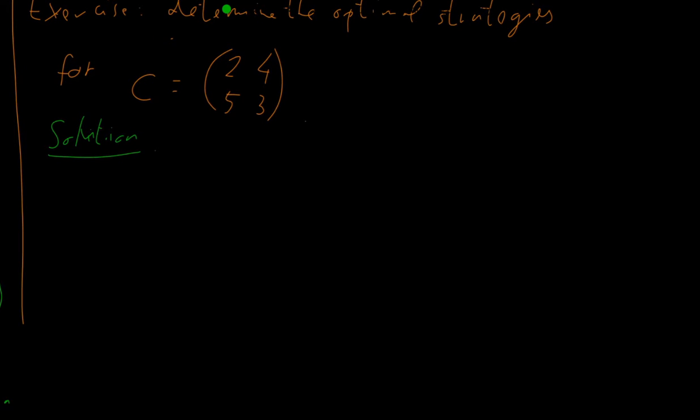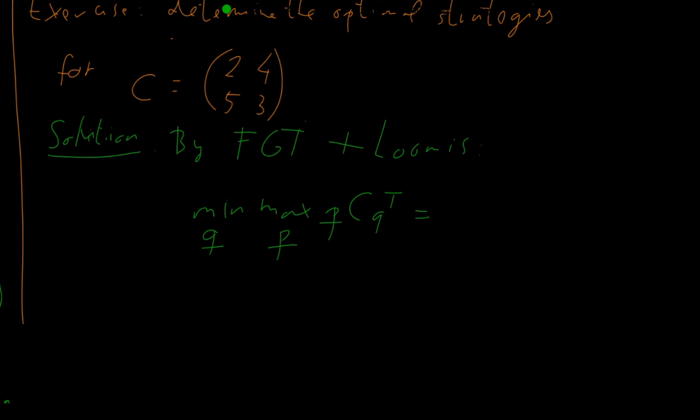So the optimal strategy, by the fundamental theorem of game theory and the Loomis theorem: we just want to compute the minimum of the maxima of the product P, C, Q transposed, which is the same, according to the fundamental theorem of game theory, as the maximum of the minima of the P, C, Q transposed.